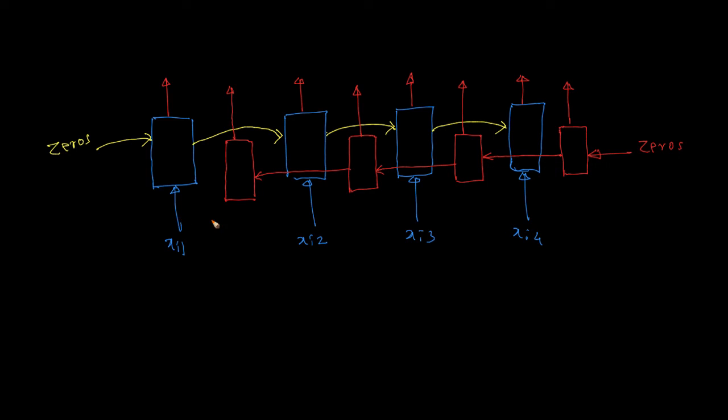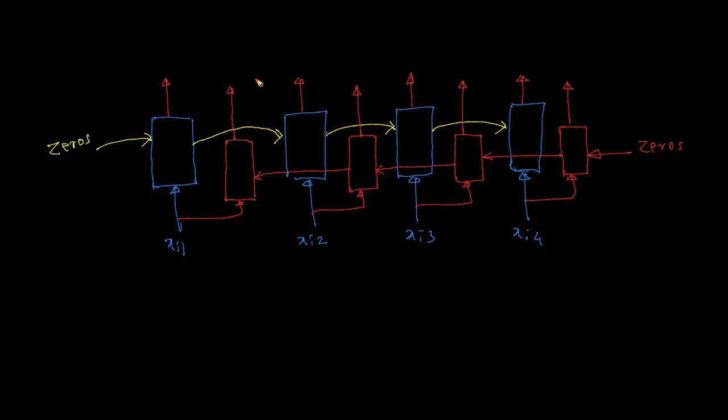I'm giving xi4 as input to this unit, xi3 to this unit, xi2 to this unit, and xi1 to this unit. So you see these arrows are in the backward direction.